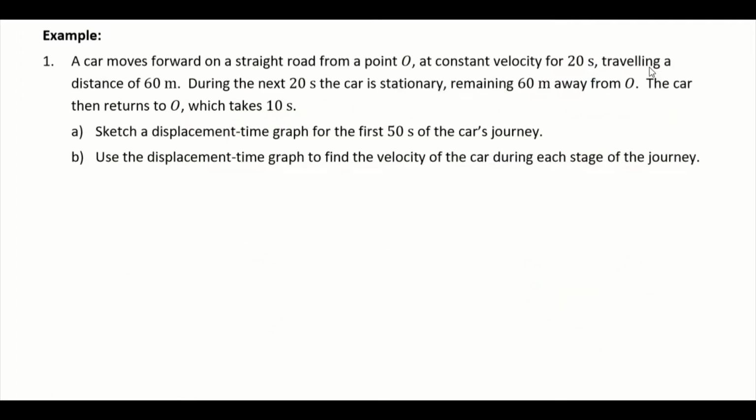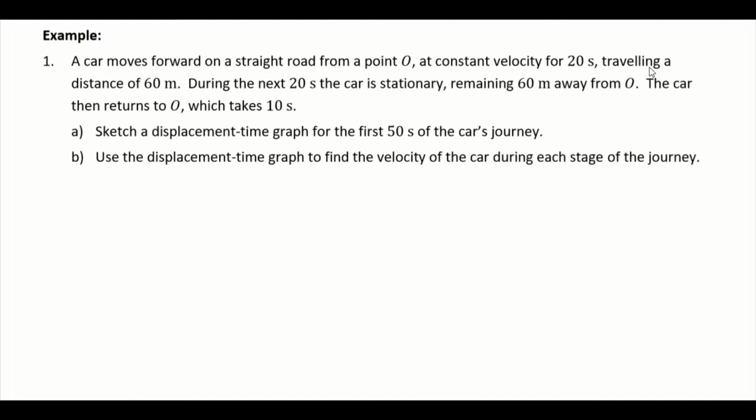Example 1. A car moves forward on a straight road from a point O at a constant velocity for 20 seconds, traveling a distance of 60 meters. Then for the next 20 seconds, the car is stationary, remaining in the same position. Then after that, the car returns to O, which takes another 10 seconds. Okay, so for A, the question wants us to sketch an ST graph for the first 50 seconds of the car's journey.